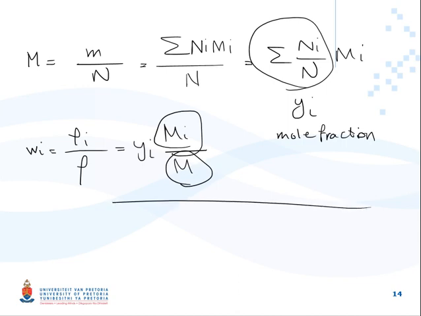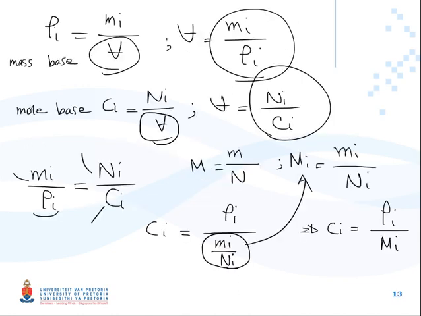Okay, so there is a correlation between mole fraction and mass fraction as well. It's a little bit of manipulating different concepts and multiplying, dividing, but just have those correlations that I mentioned here. I tried to show a little bit how those correlations came about, but it's not a very complicated story.